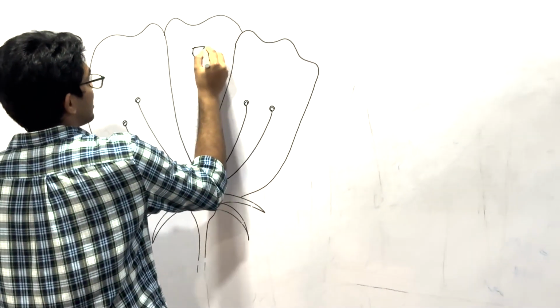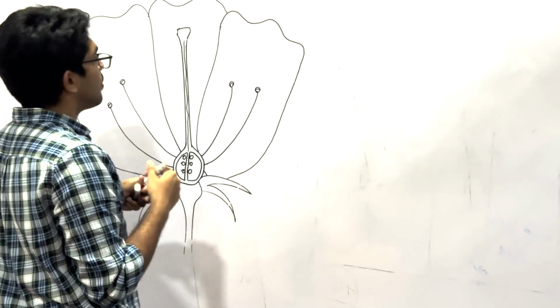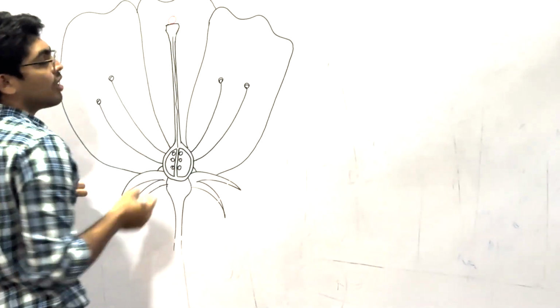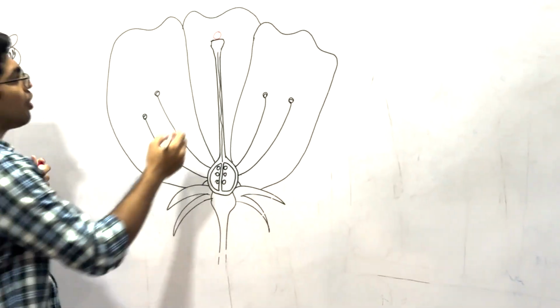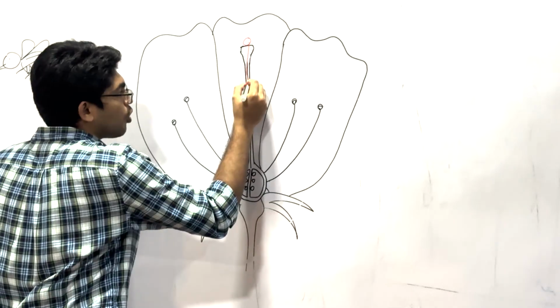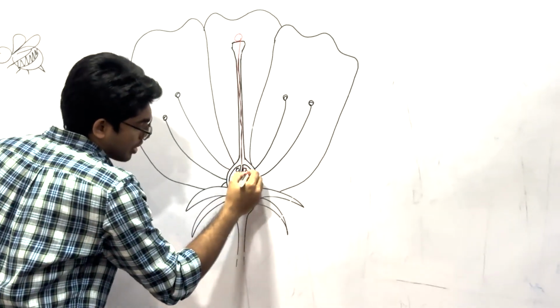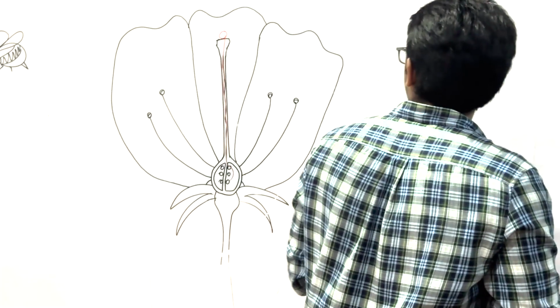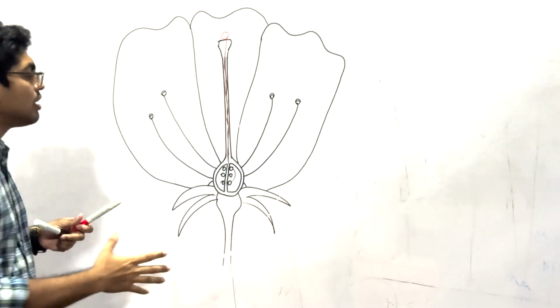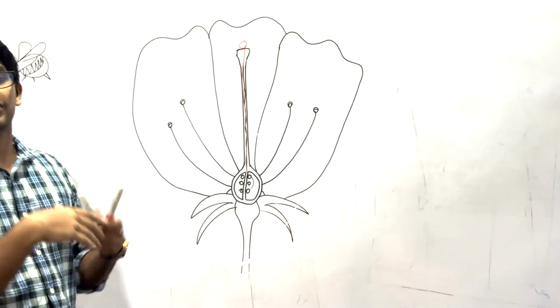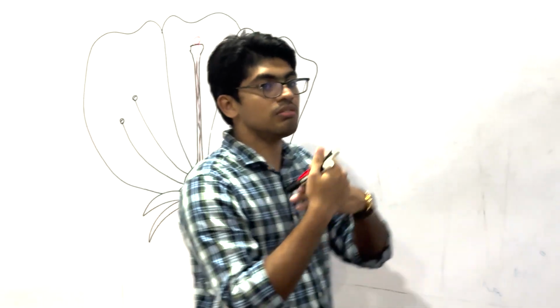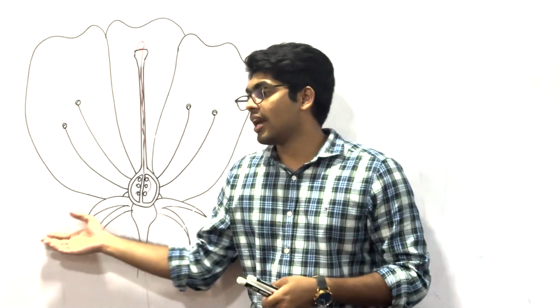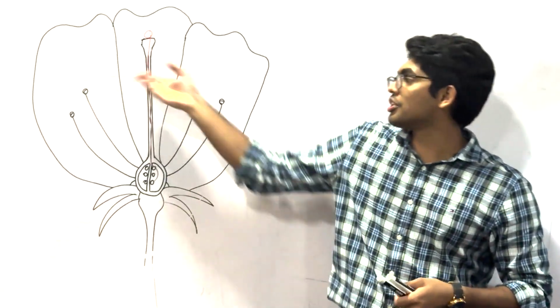So let's say this is the stigma, and in the stigma, let's say this is the pollen. Right. So what happens to the pollen? The pollen will grow into the ovary with time. And then in the ovary, the fertilization processes will occur, the reproduction cycle will occur, and a fruit will be produced.